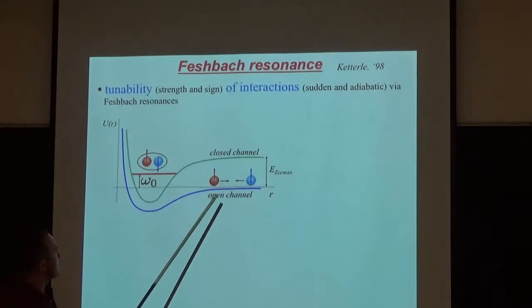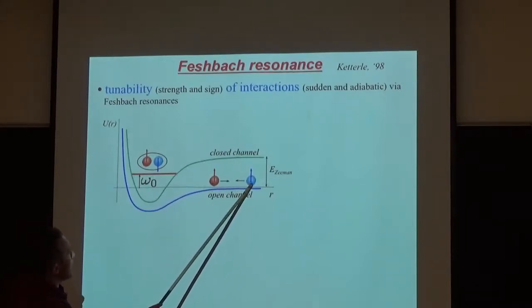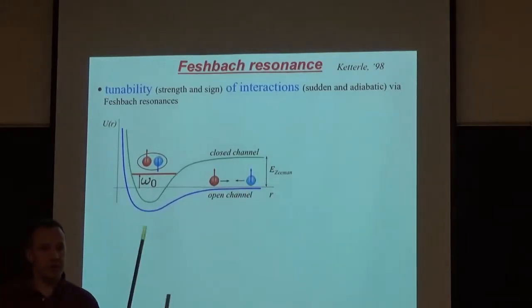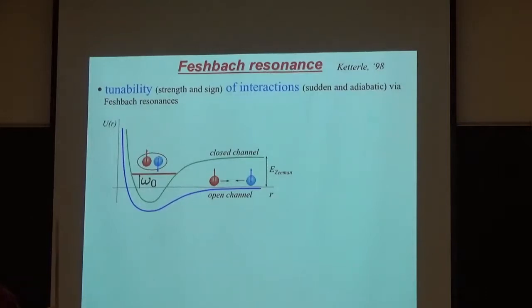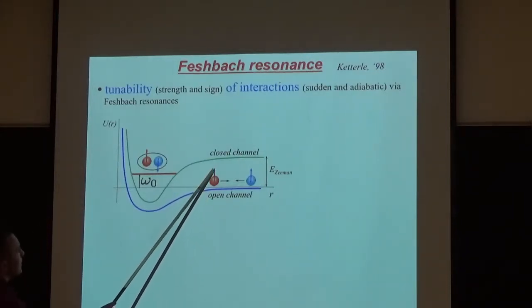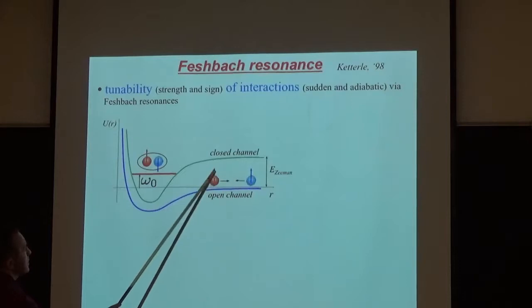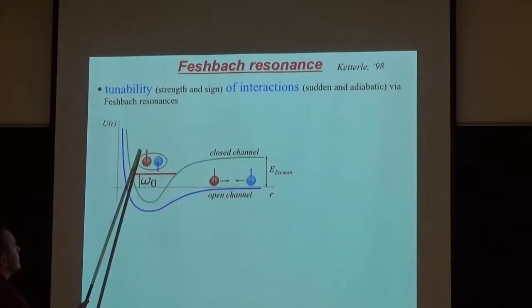This notation is a little bit confusing. I use red and blue atoms to say these are two distinct, distinguishable fermions, so two different isospin states, labeled, let's say, by hyperfine states. But on the other hand, I draw these labels, spin up and spin down.